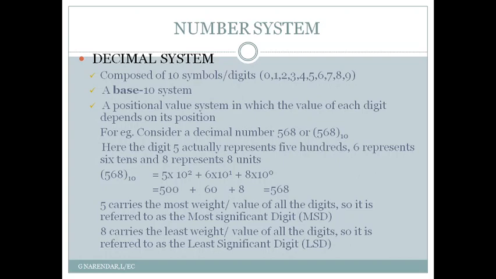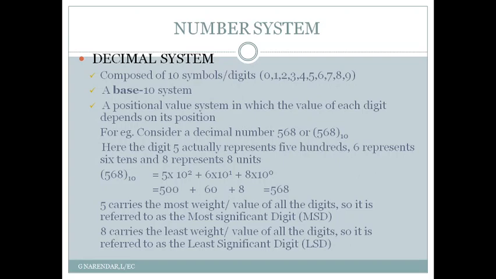So for example, consider a decimal number, the usual number that we count, 568. Since we are discussing different varieties of number systems, we have to give a certain notation for each number so that we can easily identify which number system it belongs to.